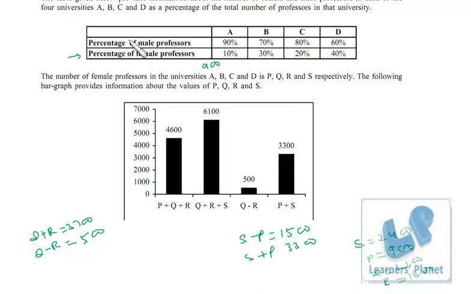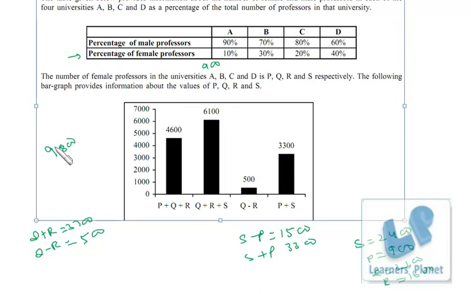So what we do is in University A, female professors are 900, that we have already calculated, and male professors are 8100. So the total number of professors initially is 9000, right? Now 800 more professors are transferred, so the total number of professors will be 9800, right? Out of this 9800, if at all we consider all the professors who are transferred to this university to be female, then 800 females are there, so 800 plus 900, 1700 females are there.